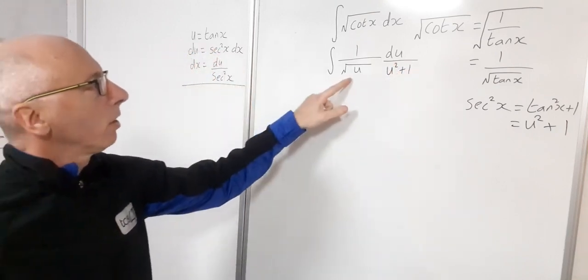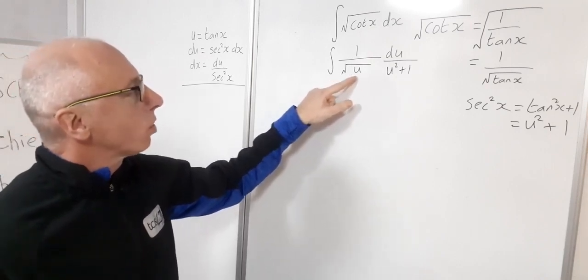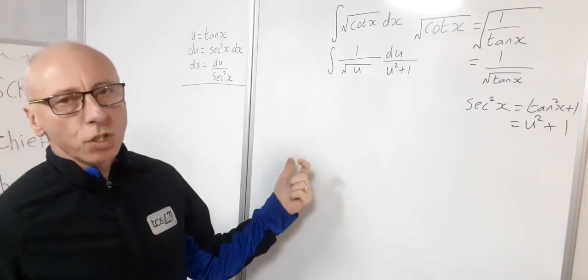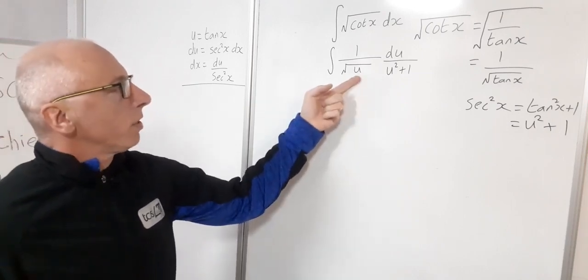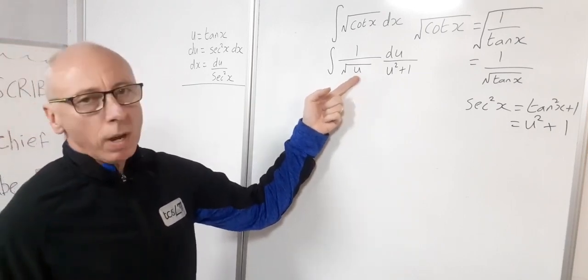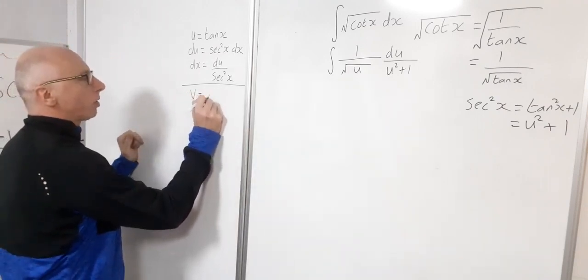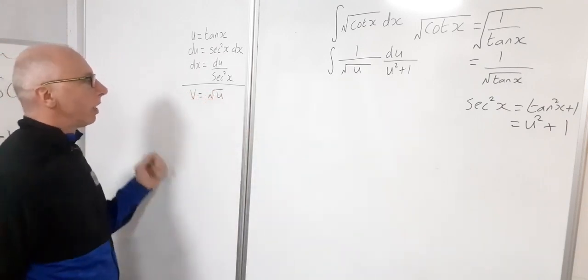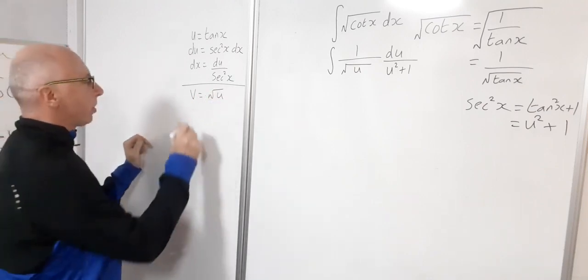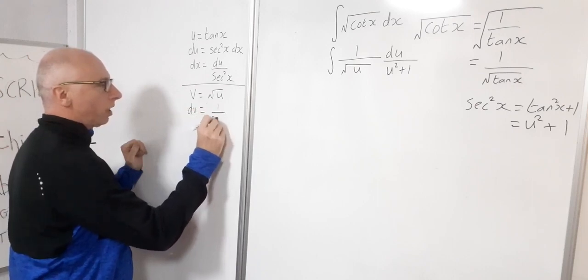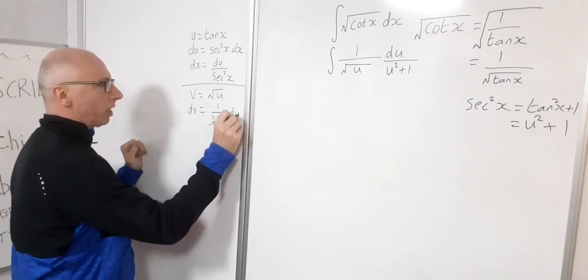So now we've just got a little awkward thing with this radical here with the square root of u. We can take care of that by doing another substitution, making another variable equal to the square root of u. So let's use the letter v. If v equals square root of u, we take the derivative of both sides, then we get dv equals 1 over 2 times square root of u du.